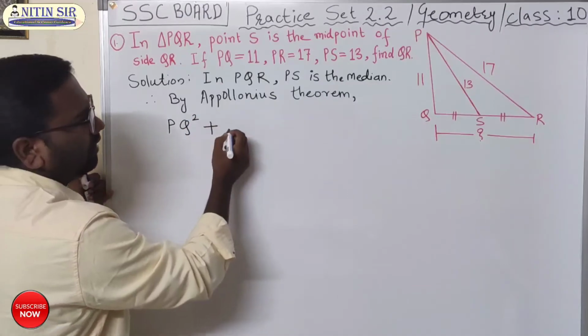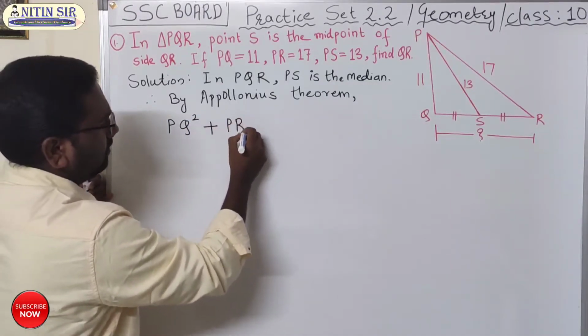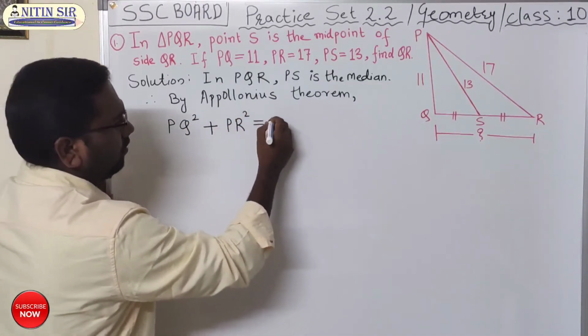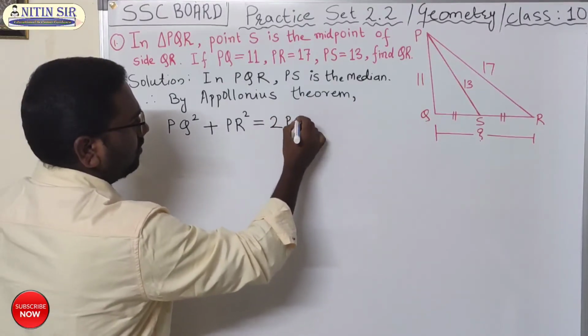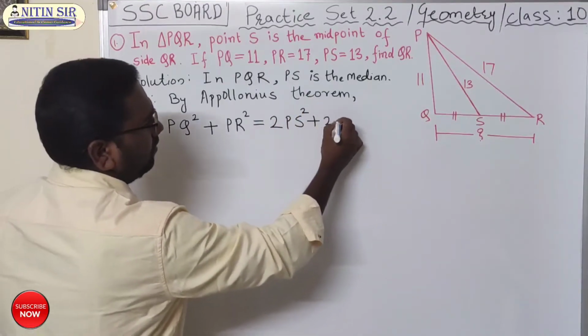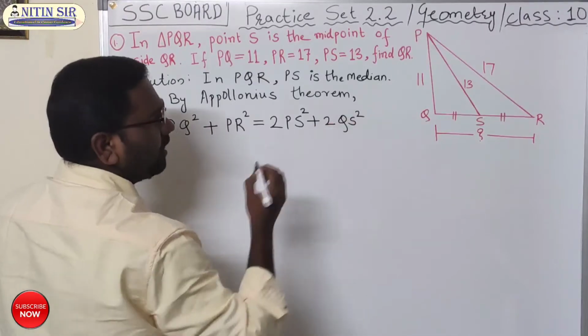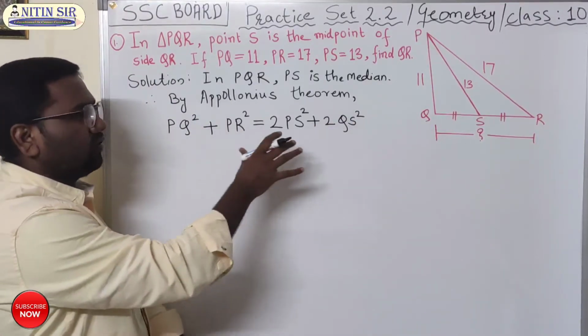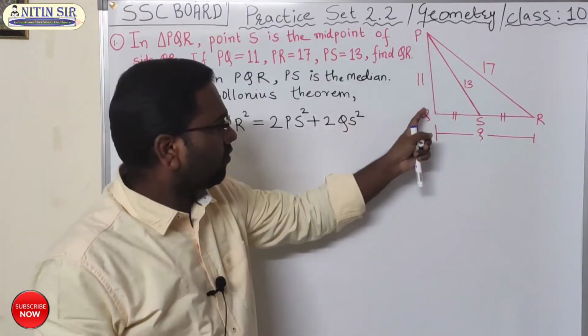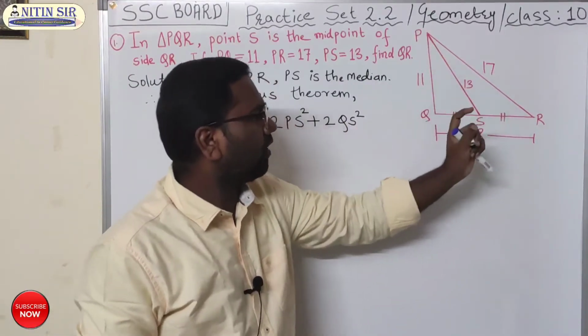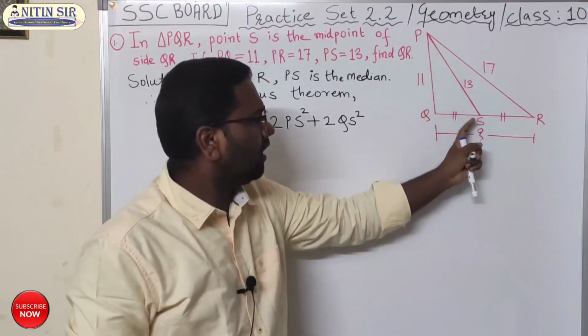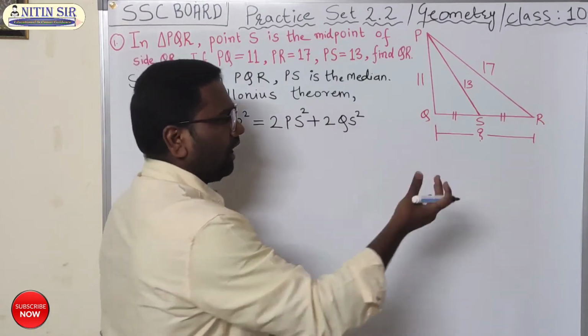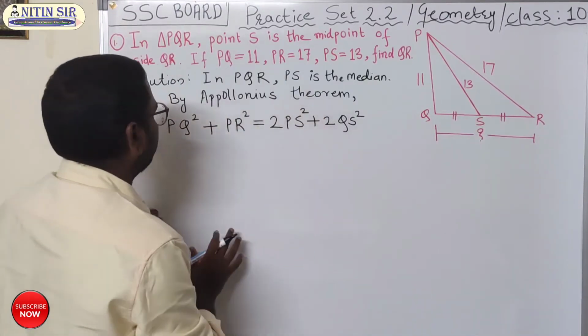PQ square plus PR square is equal to 2PS square plus 2QS square. This is Apollonius formula, where PQ square plus PR square is equal to 2PS square plus 2QS square, or you can take 2SR square.